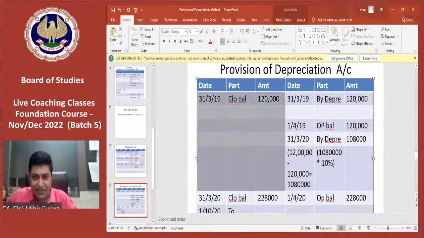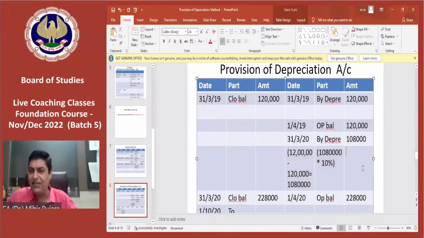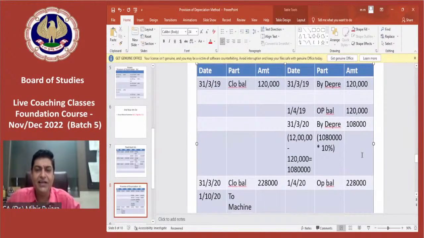So 2 year depreciation will be 2,28,000, like this. So till this point clear, friend?